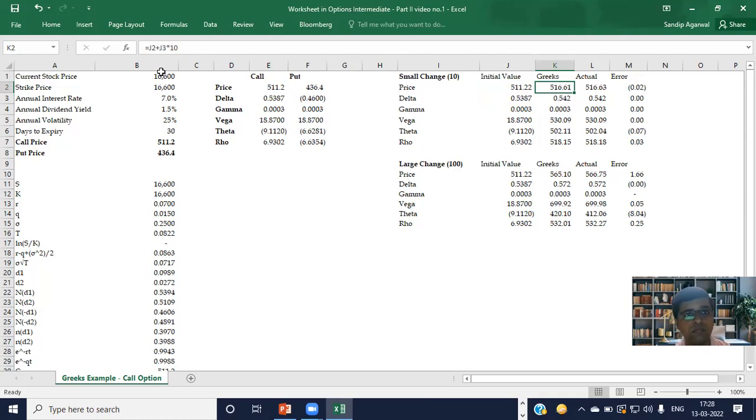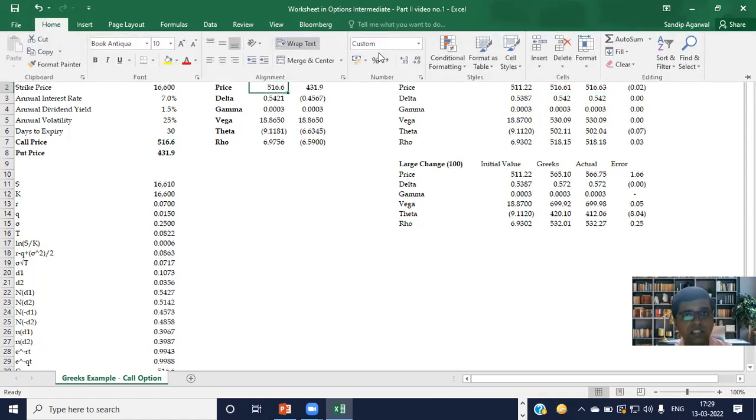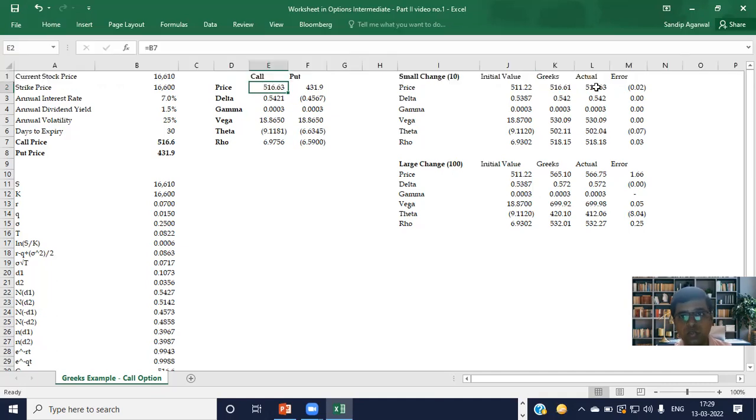So we also see, we just change the value over here to 16,610. Now you can see the price of the call option becomes 516.63. This value I have taken from over here and pasted it special over here, and it is 1 decimal over here, where it is 2 decimal over here.